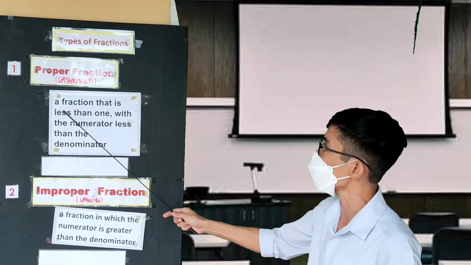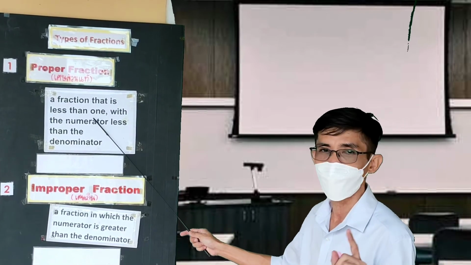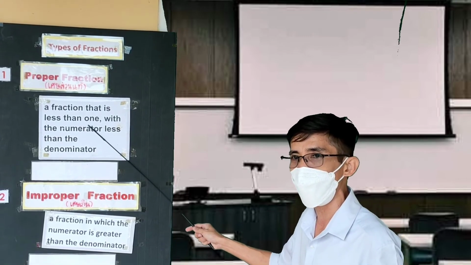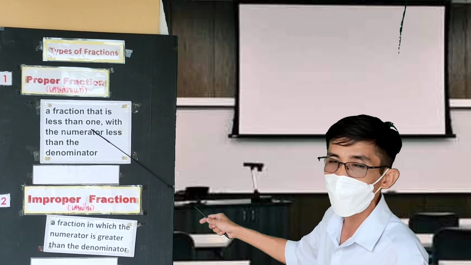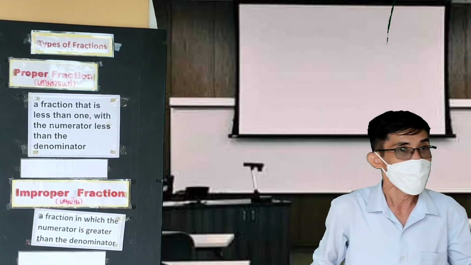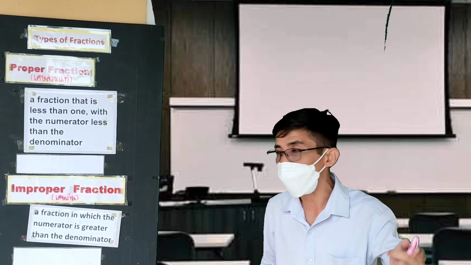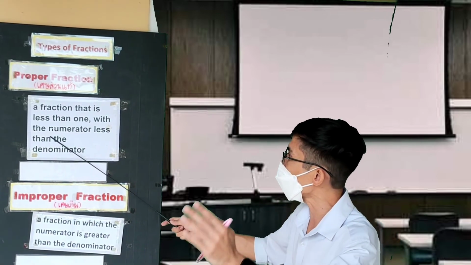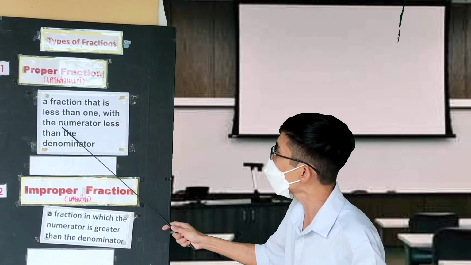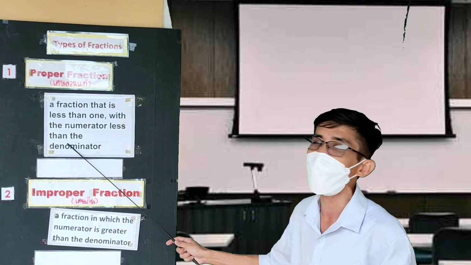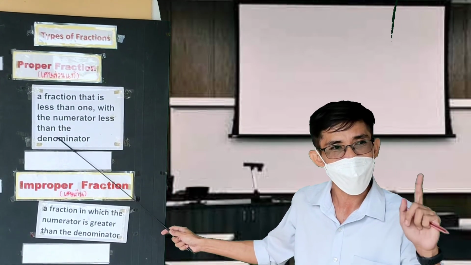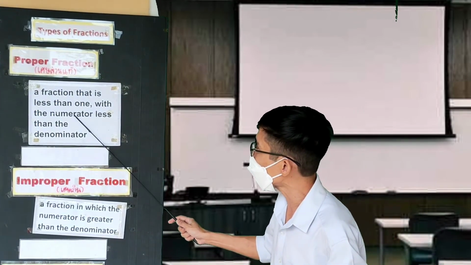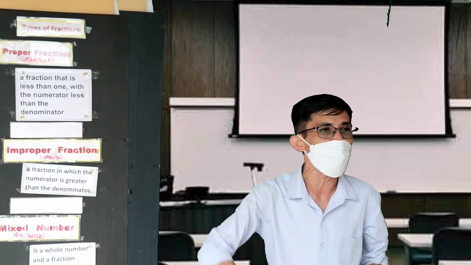A proper fraction is a fraction that is less than 1, just like 1/8. You can easily recognize this fraction because the numerator is less than the denominator. So kindly take note: the numerator is less than the denominator.